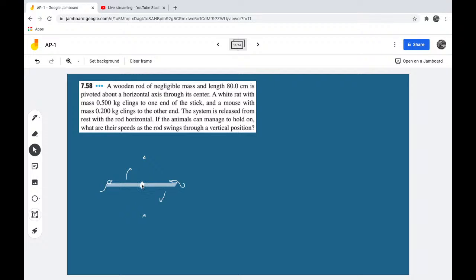This is the center. The total rod is 80, so this is 40 and this is also 40. Both are 40. So we know that their velocities will be the same.